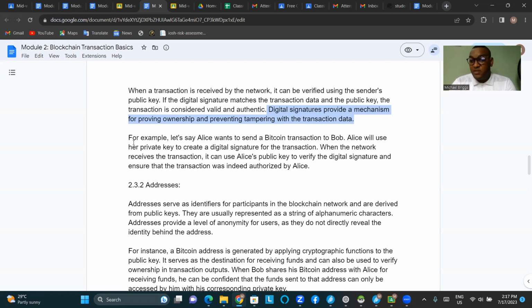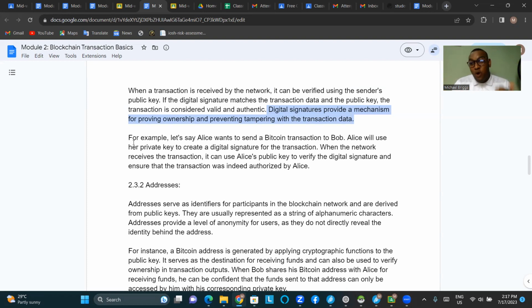All right? Because by the time that transaction happens, it doesn't know Alice as a person. Because the person has the access to the private key and carries out a transaction, the moment it reaches the blockchain will not say, oh, no, this is not Alice that sent this transaction.